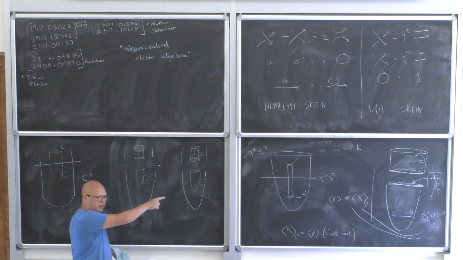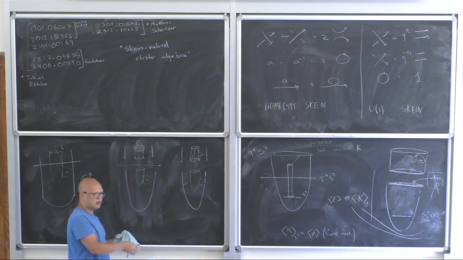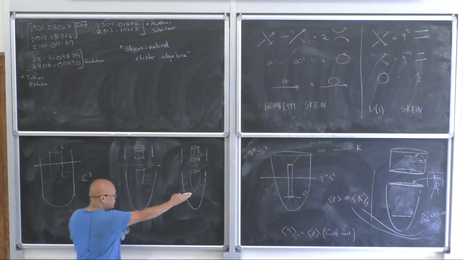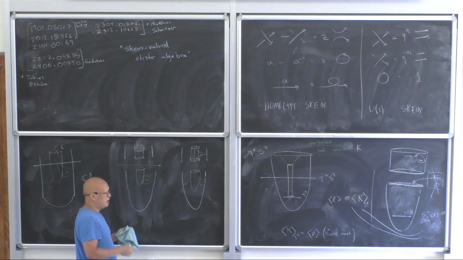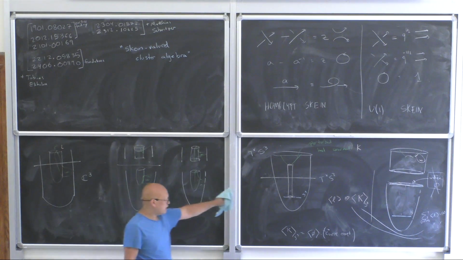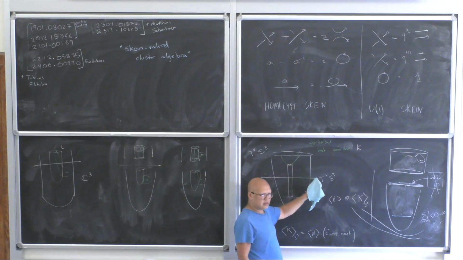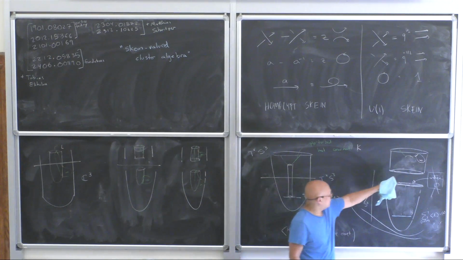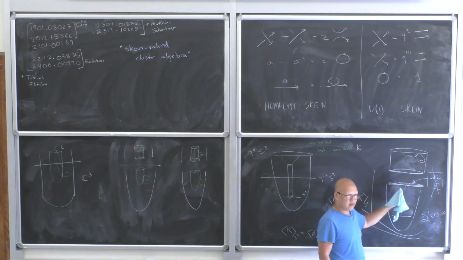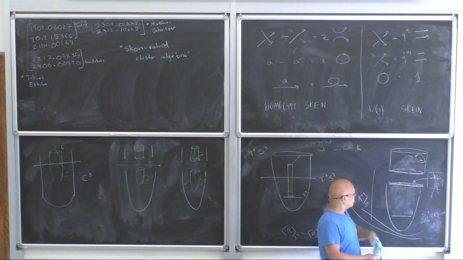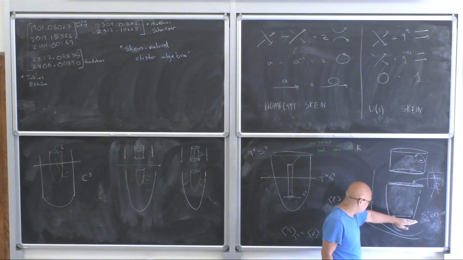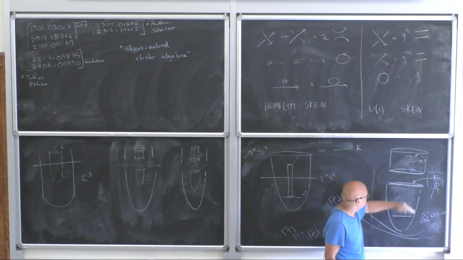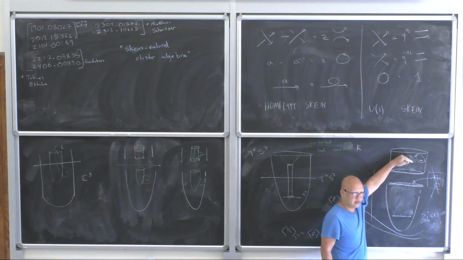In this case, orbit. Here was chord, there was orbit. Here there are only orbits. There's no Lagrangian here. It's still the three-manifold here, conormal is here.